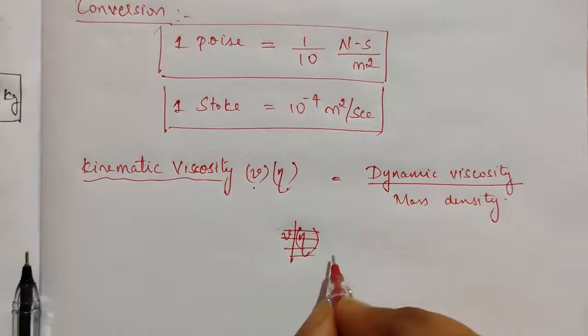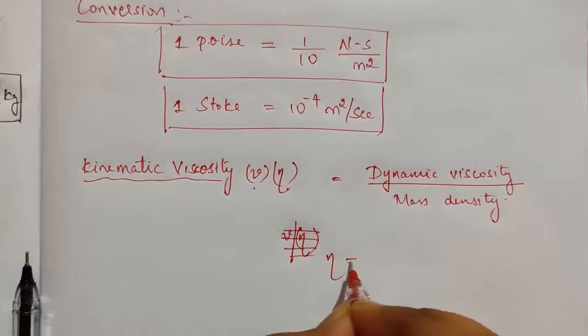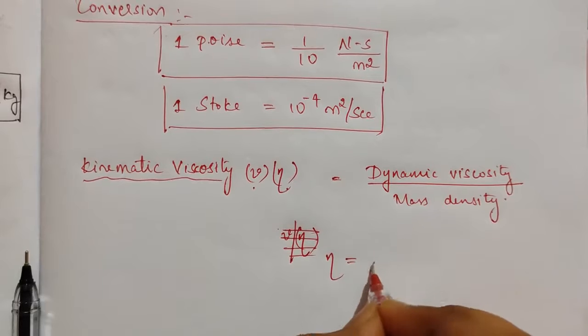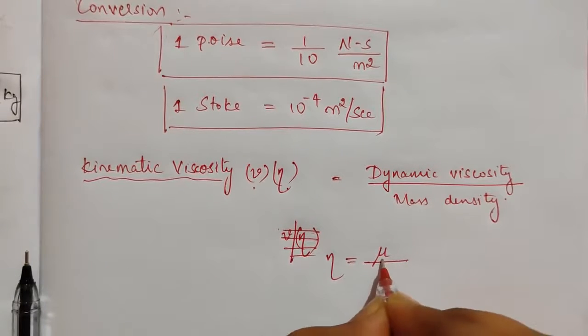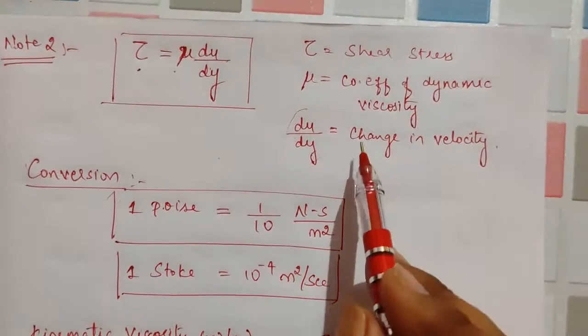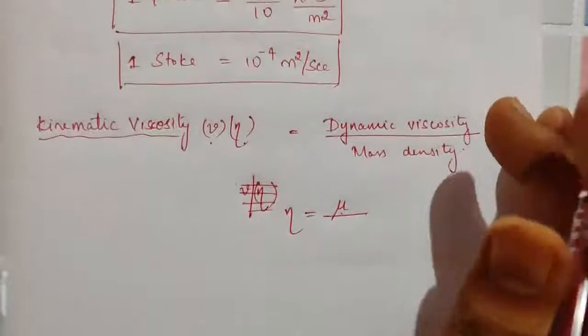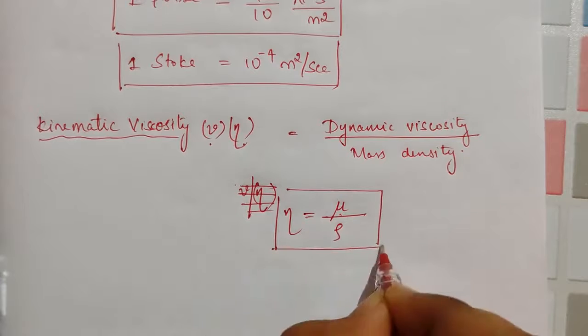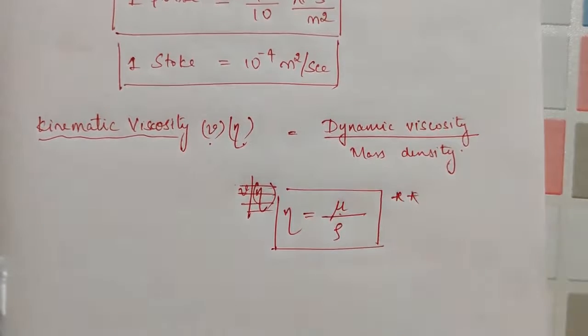So kinematic viscosity is equal to your dynamic viscosity mu, coefficient of dynamic viscosity, divided by density. Remember this.